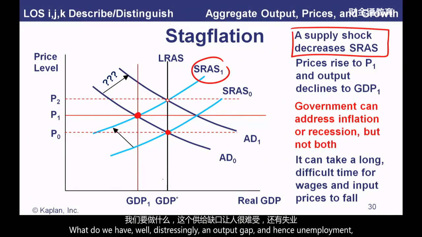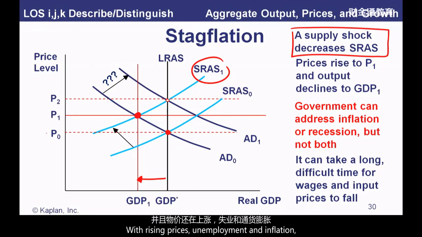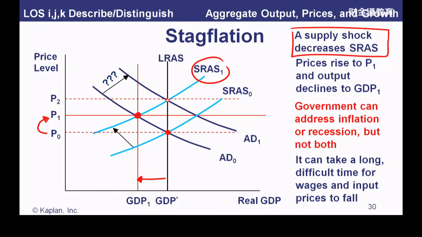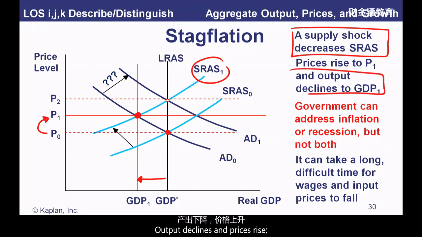What do we have? Well, distressingly, an output gap and hence unemployment with rising prices. Unemployment and inflation. That is an issue. Output declines and prices rise.